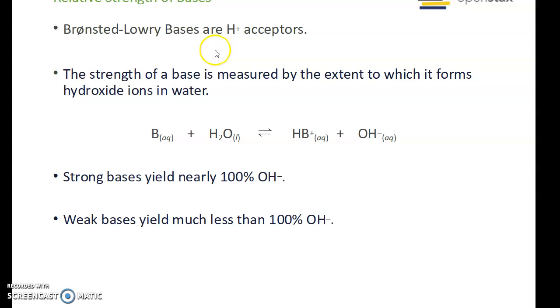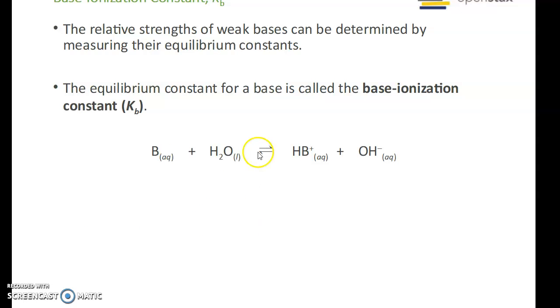So likewise, bases work the same way. You can have the same type of an equation where you have a base dissolved in the water giving you this ion and this ion. Strong bases are nearly 100% ionized. Weak bases much less than 100%. The relative strengths of weak bases can be determined by measuring their equilibrium constants.